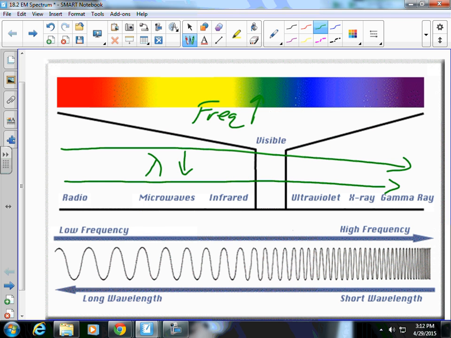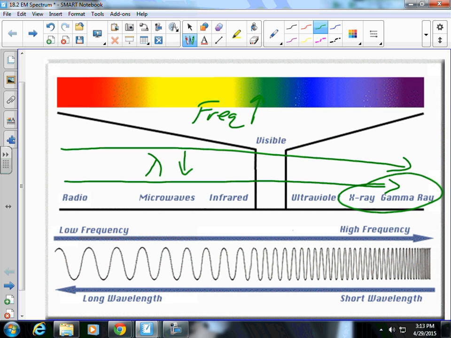Radio waves are actually quite long, so we have low frequency and long wavelengths with radio, and as we progress across to the gamma ray, we get very high frequencies and short wavelengths. Typically, the shorter the wavelength, the more energy the wave can have. So the ones on the back end with shorter wavelengths, X-ray and gamma ray, are more harmful to humans than microwave and radio waves. And we're going to talk about practical purposes for each of those.